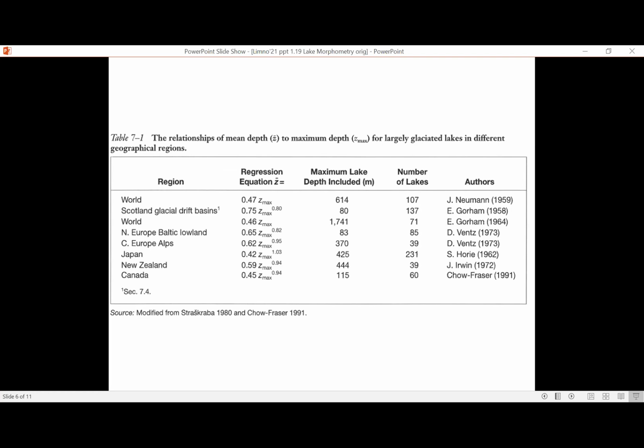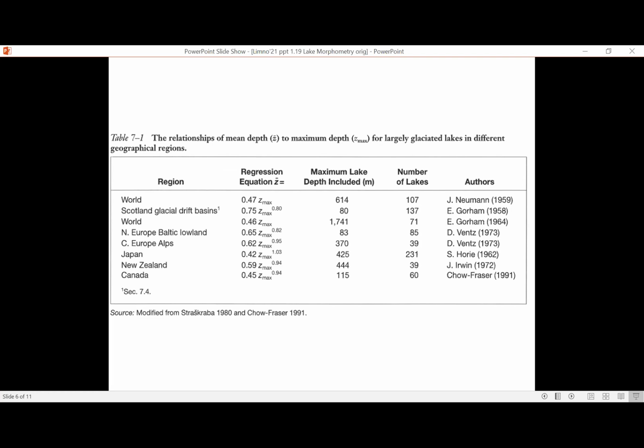So we've got Z max as the X variable, Z mean or Z average as the Y, and the slope of the line was 0.46.